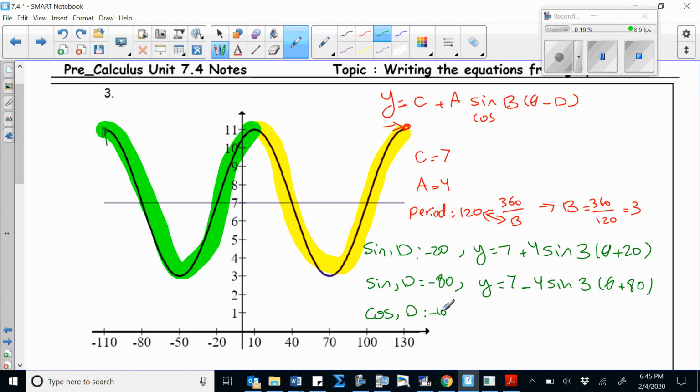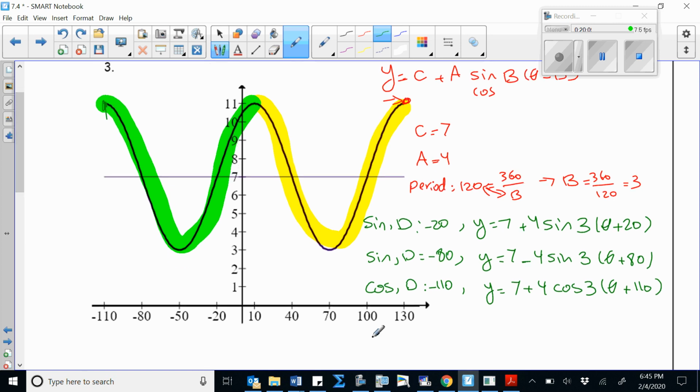So Y will be 7. This is like the normal graph of cosine, so I have a positive 4 cosine of 3 theta minus negative 110, which will be positive 110.